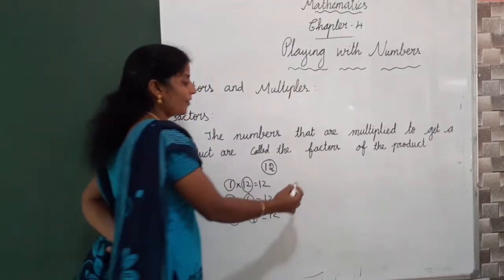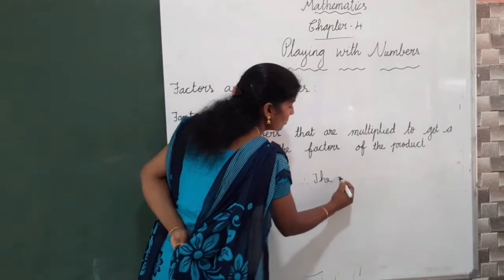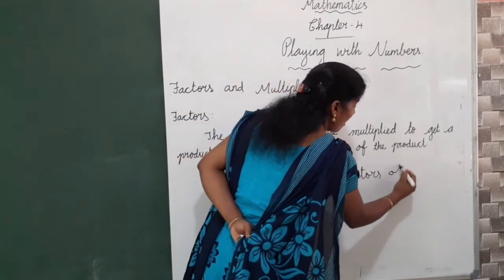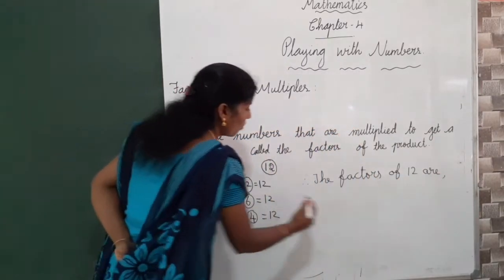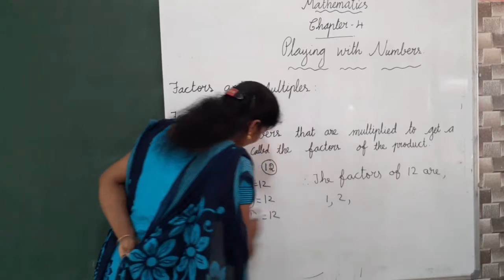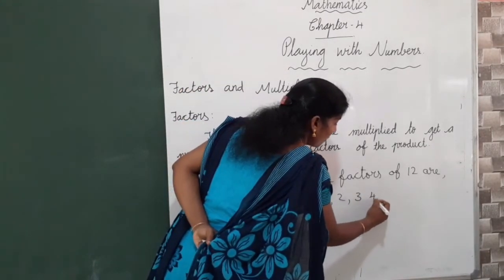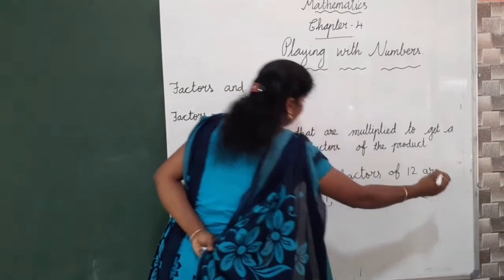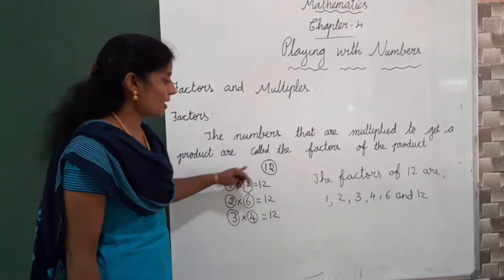Therefore, the factors of 12 are 1, 2, 3, 4, 6 and 12. This is the factors of 12.